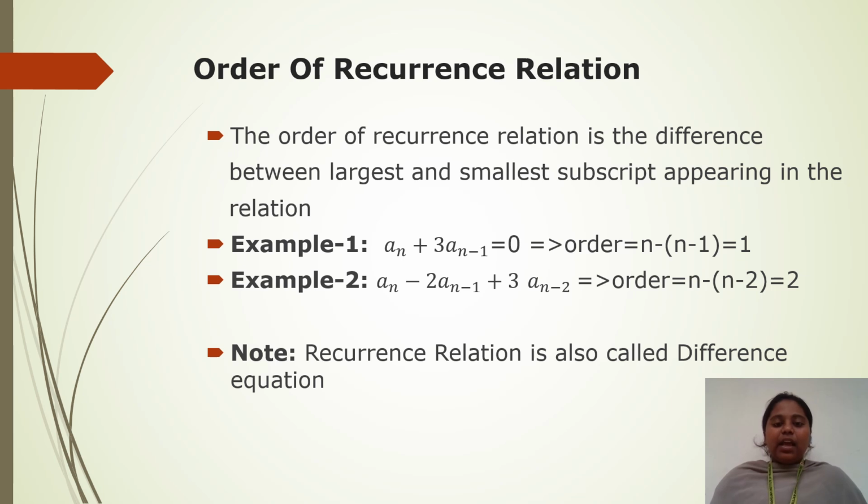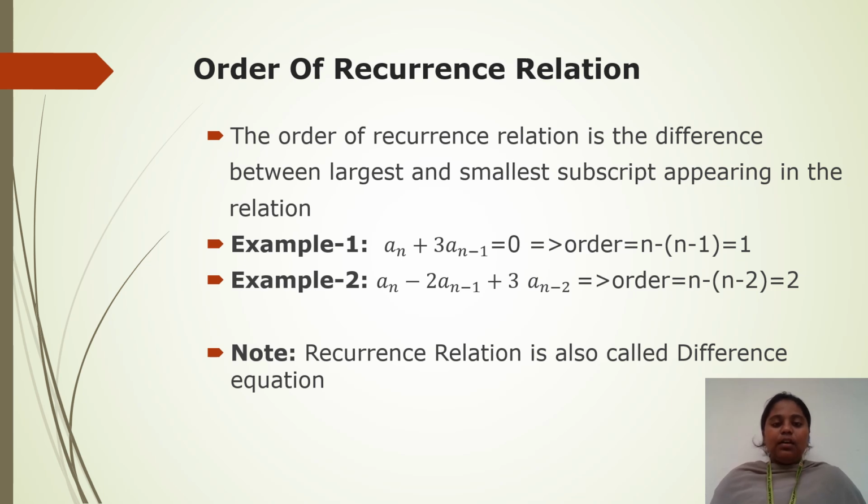Example: a_n plus 3 a_(n-1) equals 0. Here the largest subscript is n and the smallest is n minus 1, so the difference n minus (n minus 1) gives 1, so the order is 1.